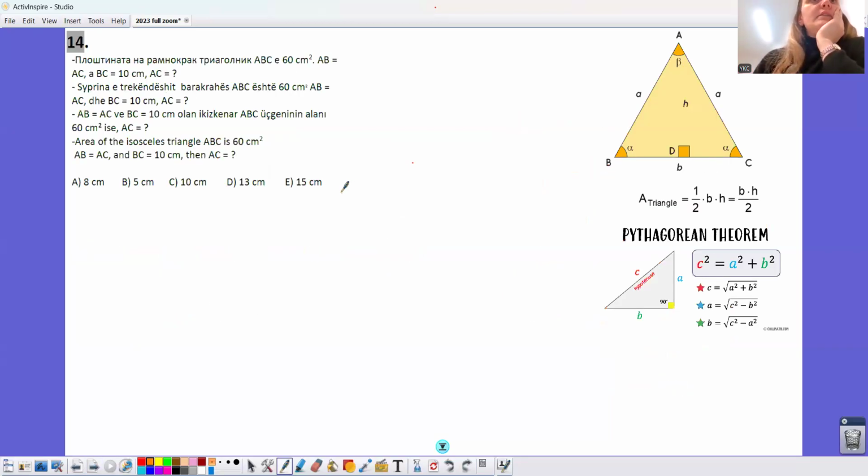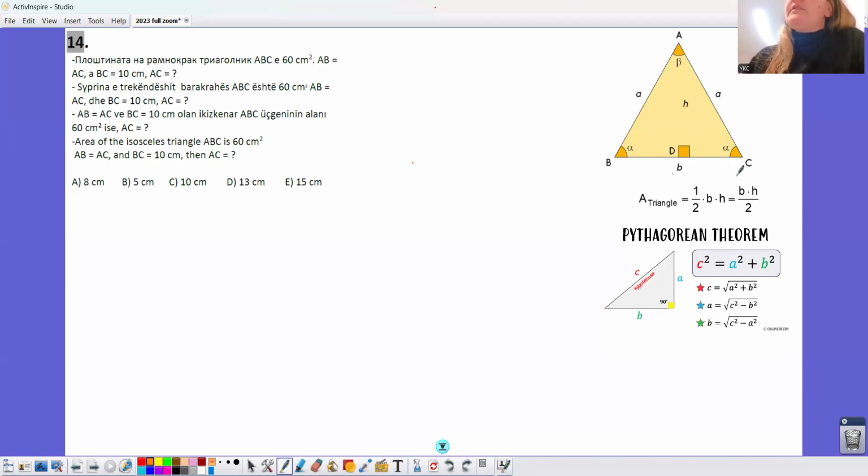Now let's see the 14th one, what it says. It says here, the area of the isosceles triangle ABC is 60 centimeters squared. AB is equal to AC and BC is equal to 10 centimeters. Then what is AC?